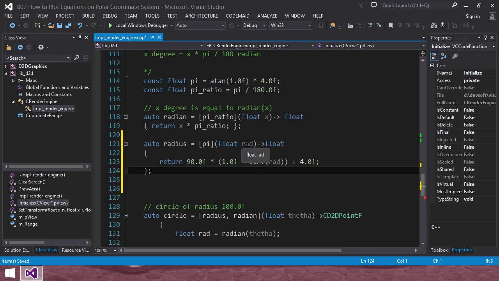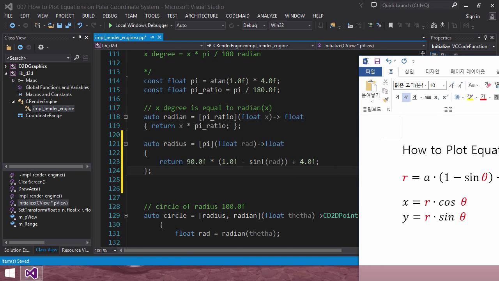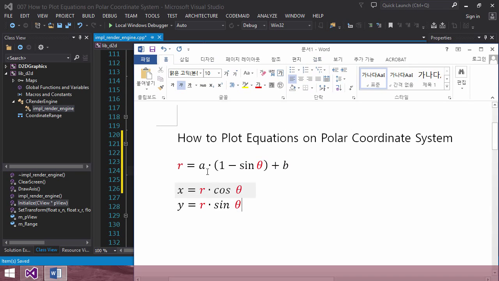It gets variable rad and computes radius, and this I will modify. 91 becomes 90, it becomes 4.